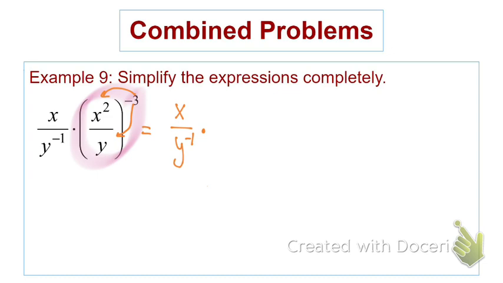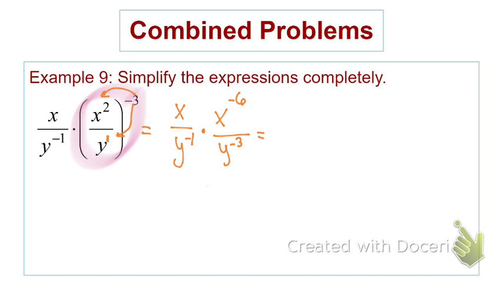So when we take the x squared and we raise it to the negative 3rd power, that's our power to a power rule where we keep the same base and we multiply the exponents. Same thing in the denominator. Remember, there's no exponent on the y there, so that's like a y to the 1st. So 1 times negative 3 is negative 3.